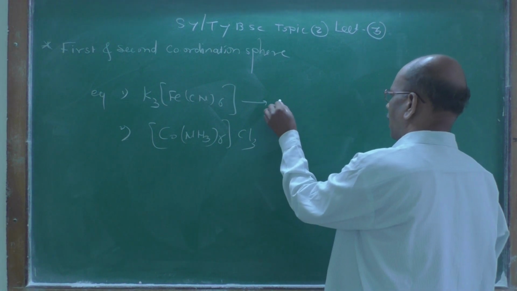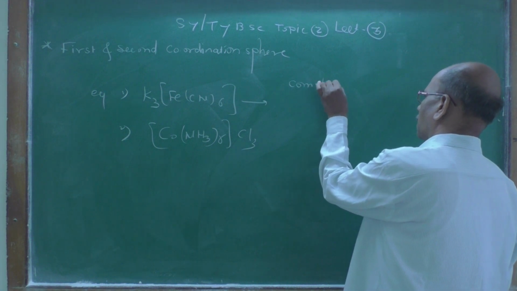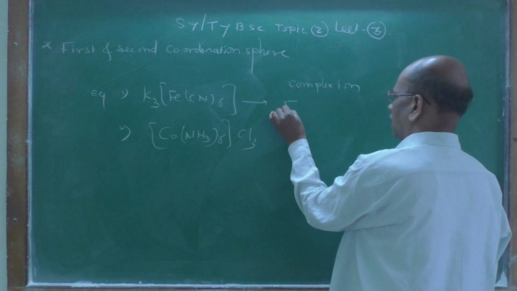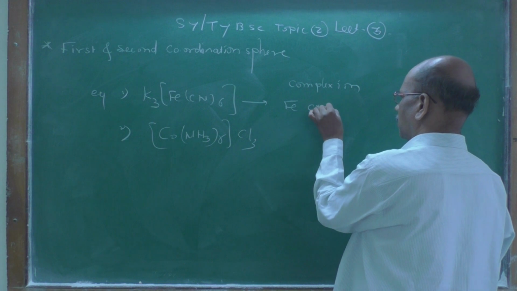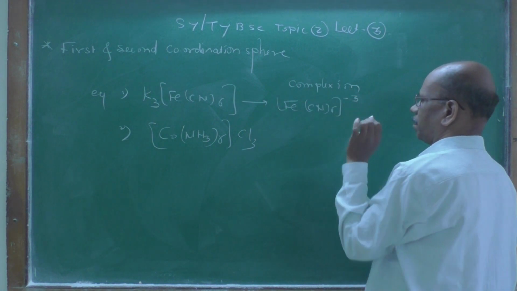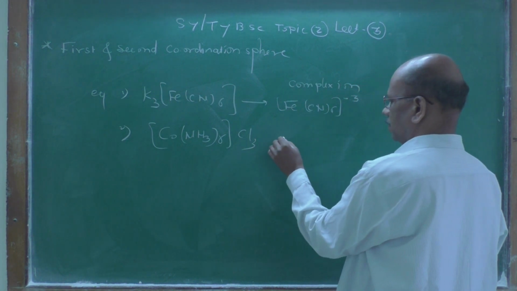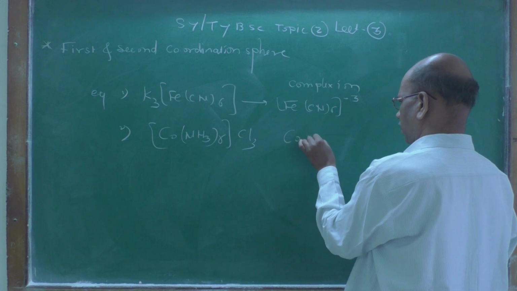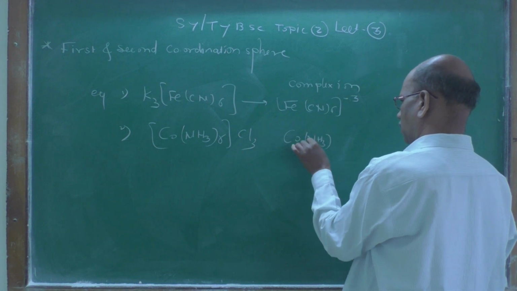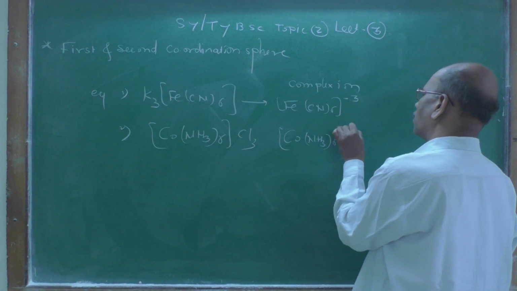So the complex ion is [Fe(CN)6] minus 3, and in the other case the complex ion is [Co(NH3)6], and it is plus 3.